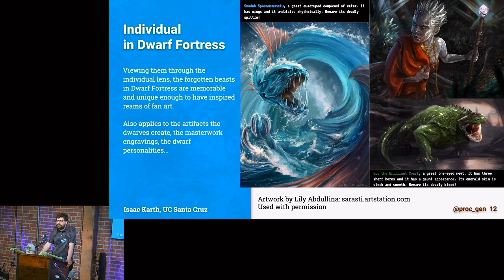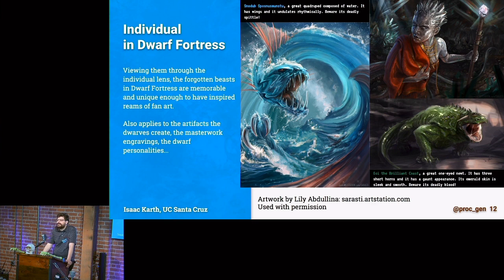But the thing we remember about them is that whatever beast our fortress encounters has these particular properties. It matters that it was made out of bronze or water. One of those is going to kill a lot more of my dwarves.